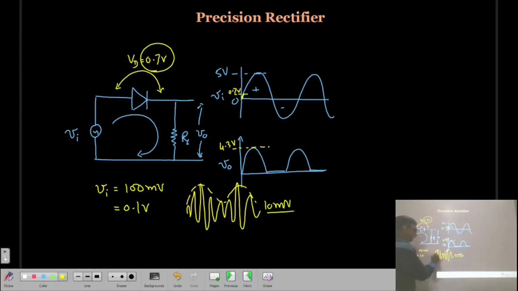And then we have to demodulate. Demodulate means whatever information is there with the carrier, we have to separate out through a detector circuit. In a detector circuit we use the diode. So if this kind of signal is present at the input of the rectifier, then you will not get the output. So this is the limitation of an ordinary rectifier circuit.